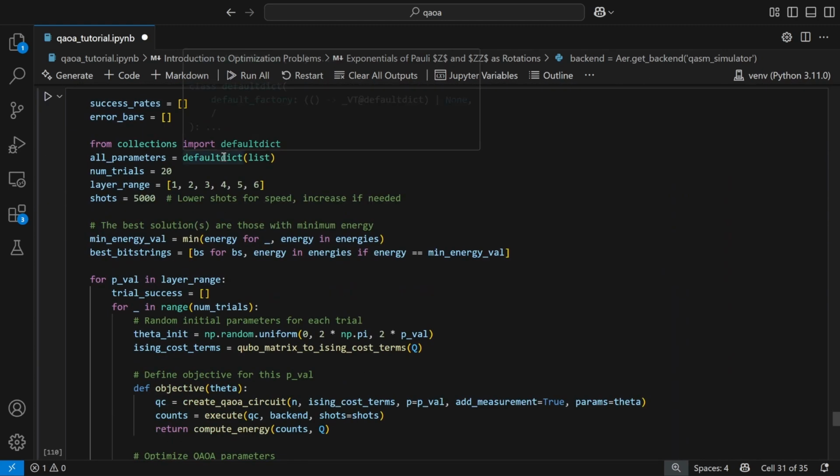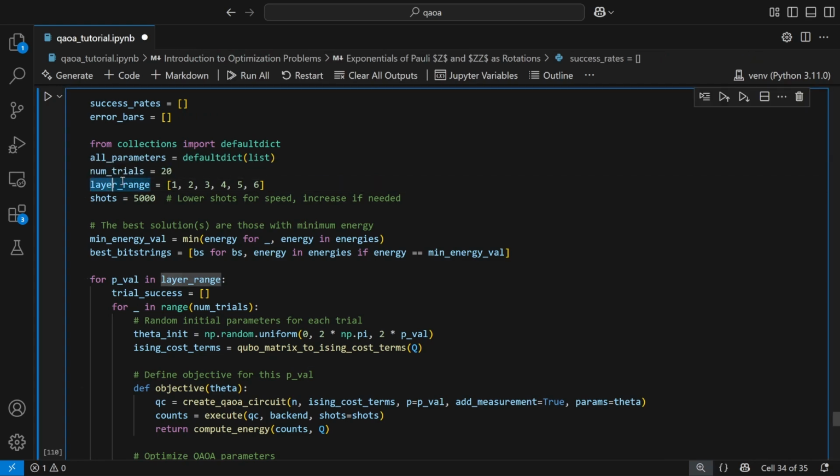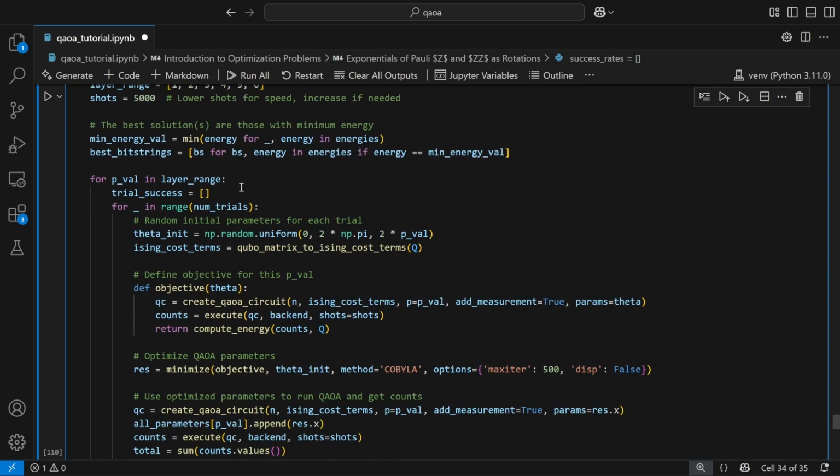So here what I'm doing is going through a range of number of layers from 1 to 6 layers. Every time I'm collecting 5,000 shots, but additionally I'm also running random circuits and optimizing each 20 times per number of layers. So overall we have 120 experiments.